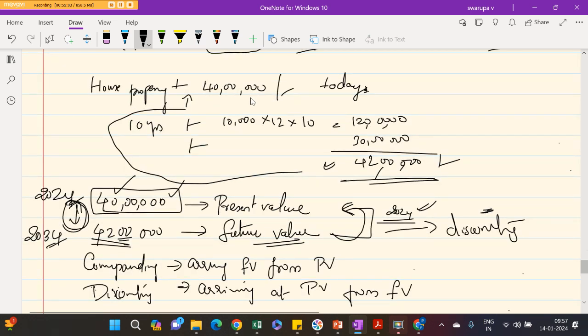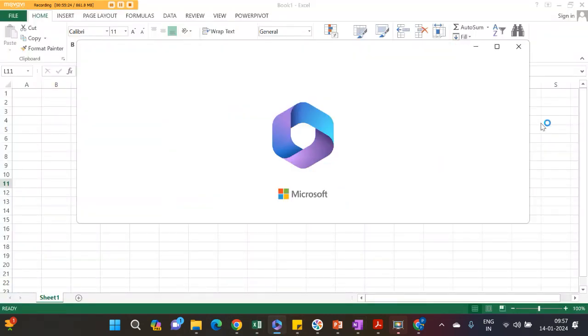With this house property for 10 years, if we assume a 7% interest rate, 40 lakhs today, if we had put it in a simple FD, it will be 1 plus 7% raised to 10. That will be the answer. We'll just do it in Excel.